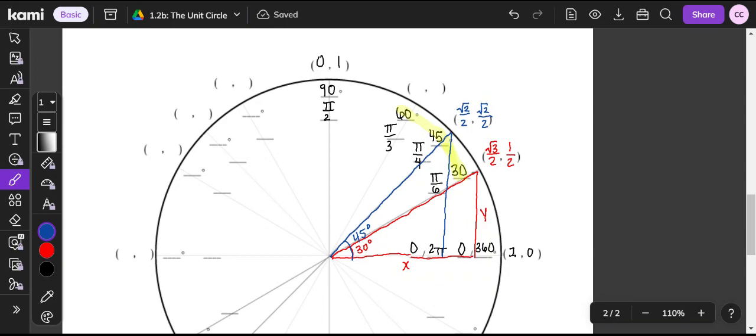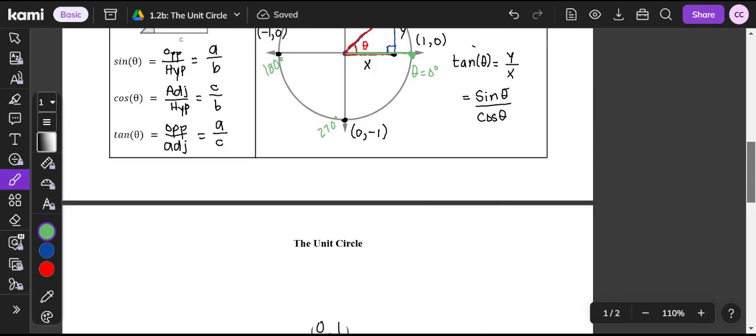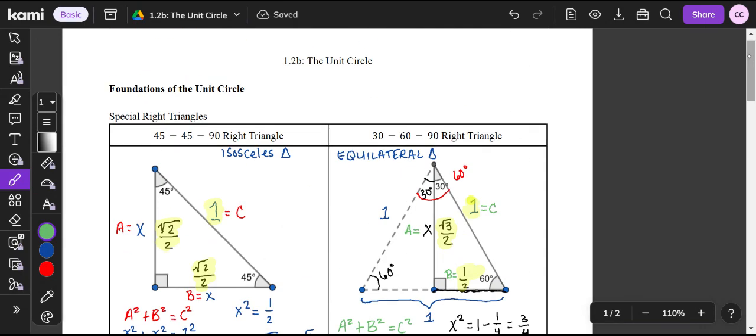All right, and then finally, if I look at my 60-degree mark here, it's the same as if I draw this triangle and I say this green angle must be 60 degrees. If I look back up at my original diagram, the side across from 60 degrees is root 3 over 2.